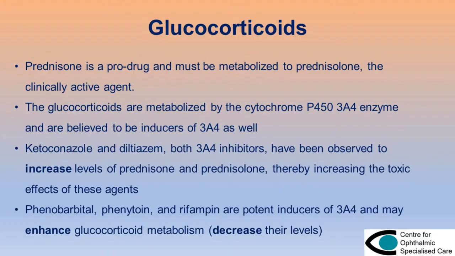Some drugs like ketoconazole and diltiazem inhibit the 3A4 enzyme, which means they can increase the level of prednisone and prednisolone and thereby increase the toxic effects of these drugs.